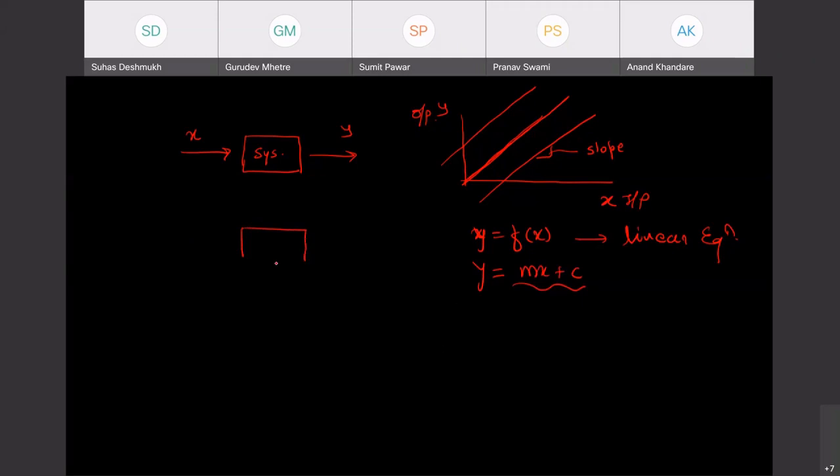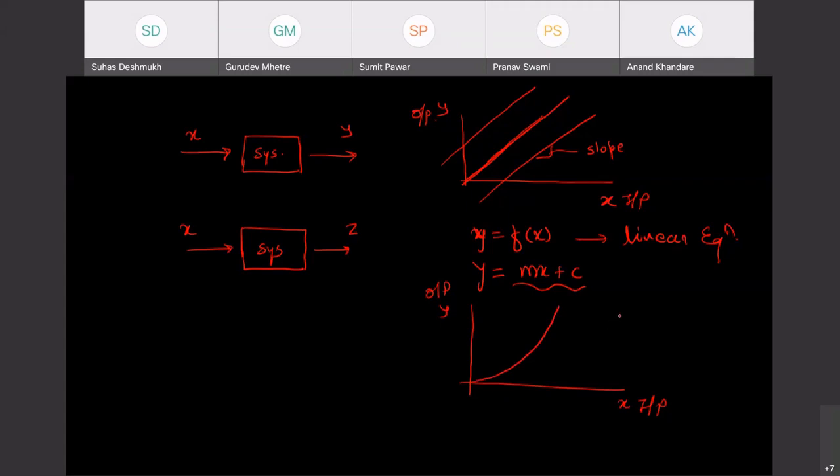Sometimes you may have a system where x is my input and y is my output, and I observe the behavior is something like this. This is not a straight line now.